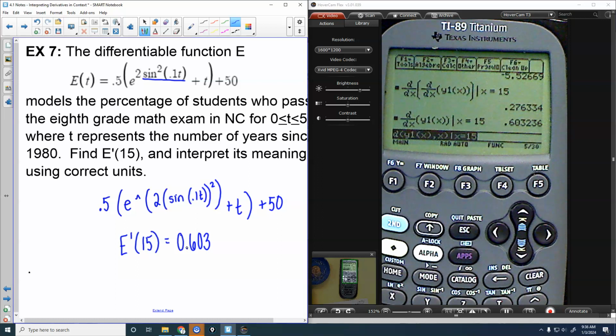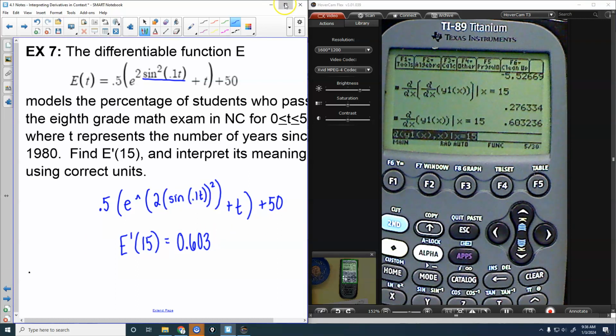All right. Maybe the hardest part of this might be getting it typed in correctly. The calculator's doing all your work on the derivative. It's not that difficult. You just got to write that down. Interpretation is, to me, the other difficult part of this.